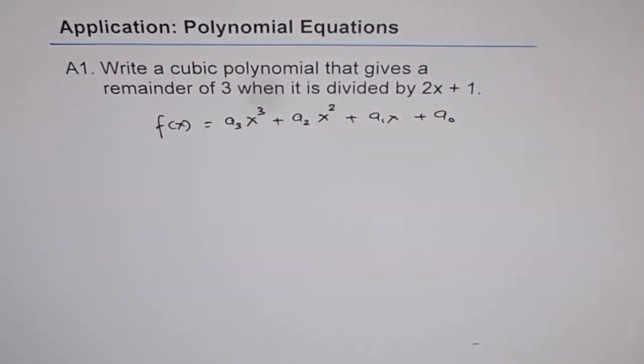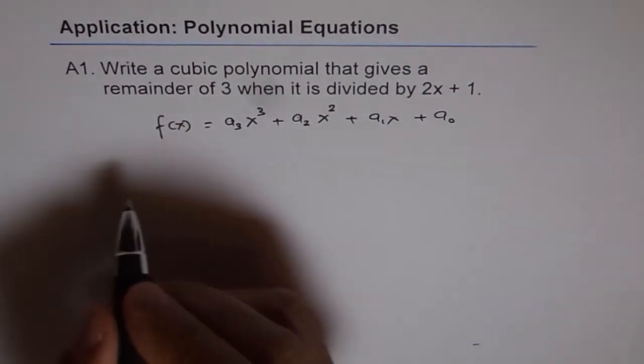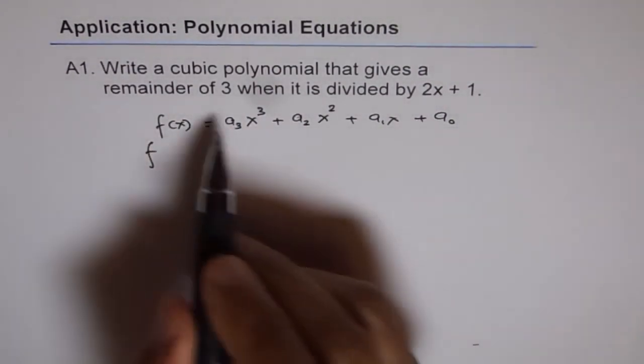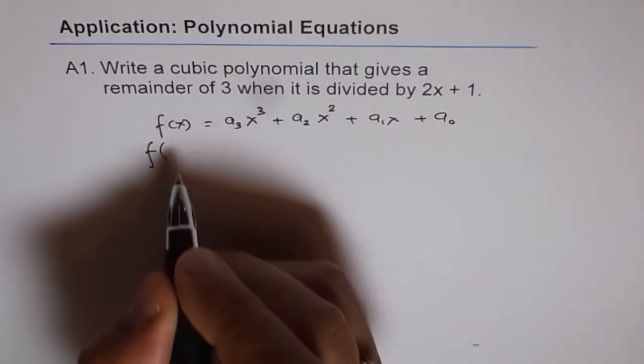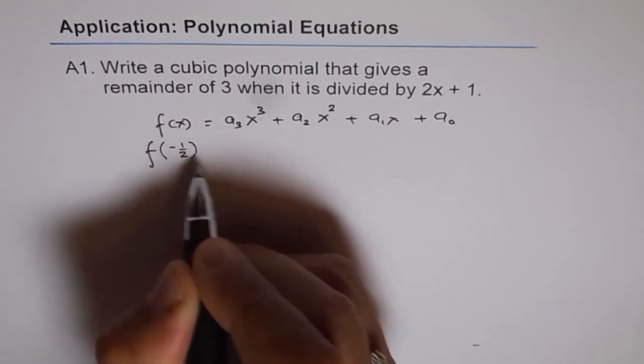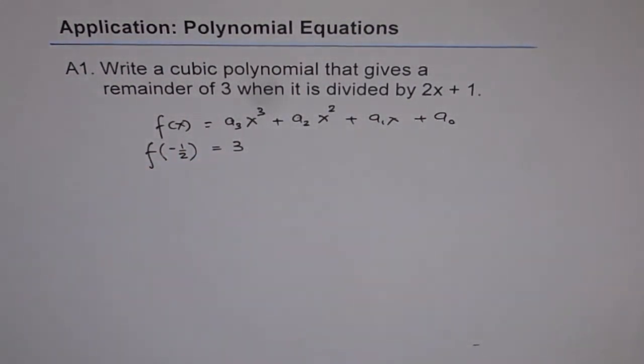So that is our cubic polynomial. Now if my remainder is 3, that means when divided by 2x plus 1, f of minus half is equal to 3. That is what is required. Correct? So this is how we are looking at the problem, and that is what we need to give.